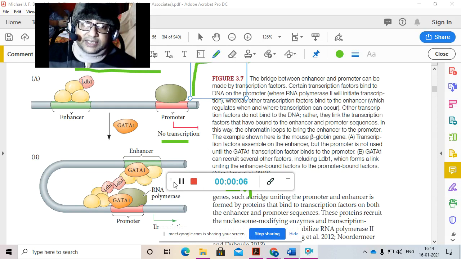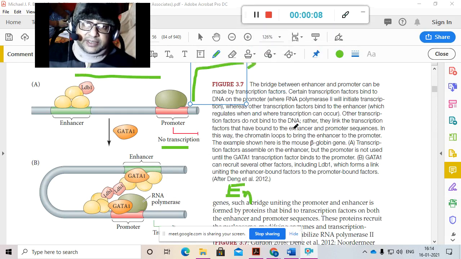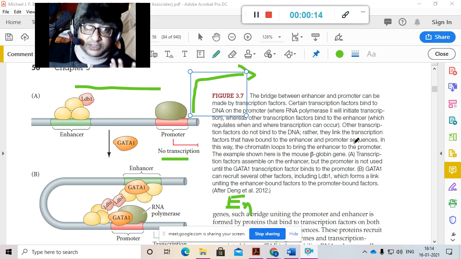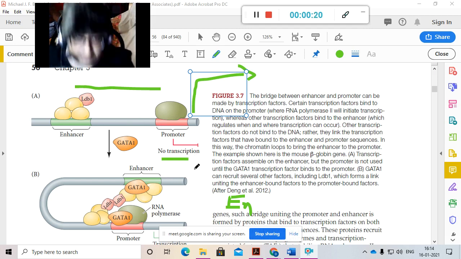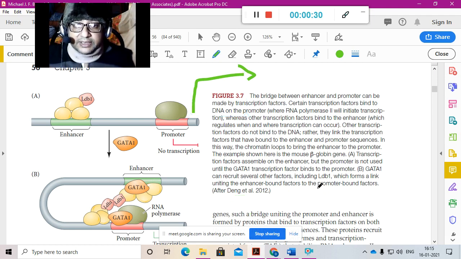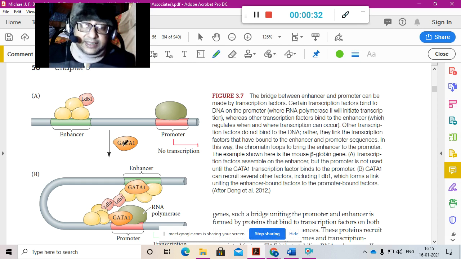In today's class we start with the enhanceosome complex. The first thing, just to summarize it once more, you have sequences known as promoters and sequences known as enhancers.